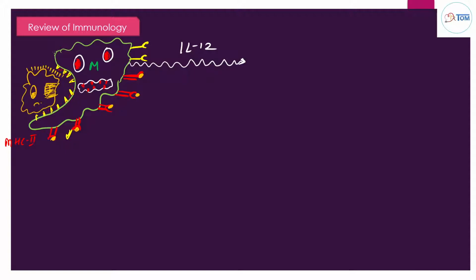Actually, what happens, if you can recall, in the last class we discussed that we have cells of the acquired immune system as well. That's what we call T cells and B cells.